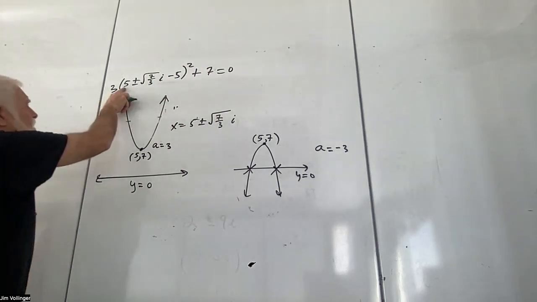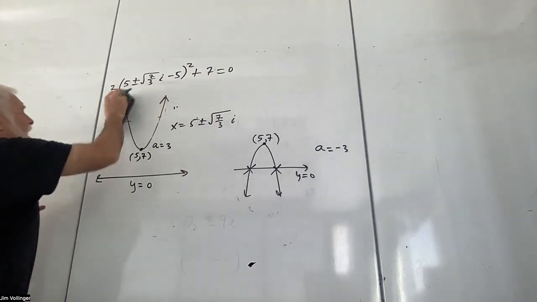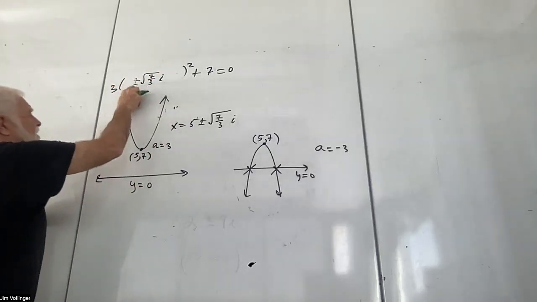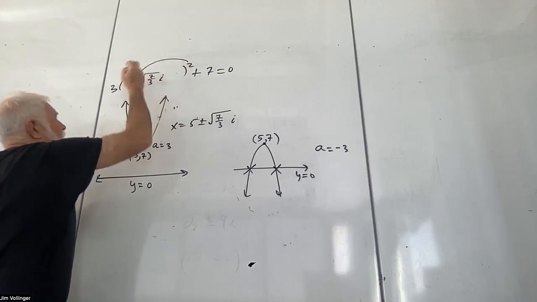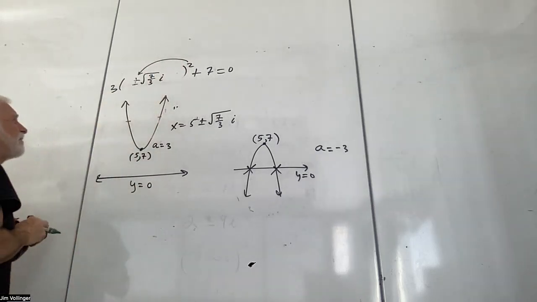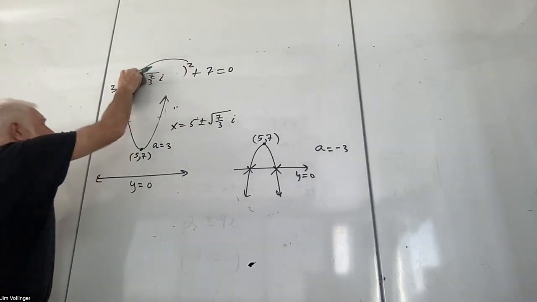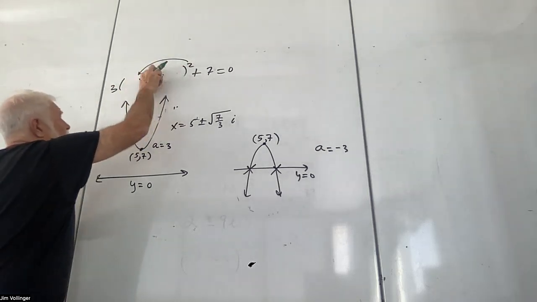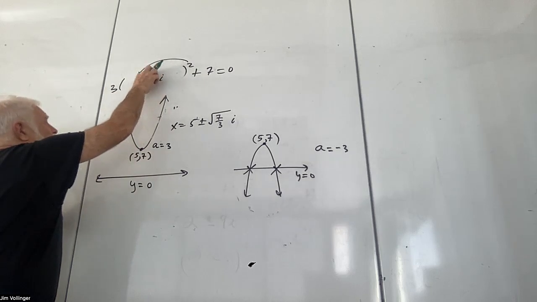So what do I see? I see 5 minus 5. I can cancel that. I can see that a plus minus squared, a positive times a positive is a positive, and a negative times a negative is a positive. So I can ignore that. I know squaring and square root are inverse operations, so I can erase that.